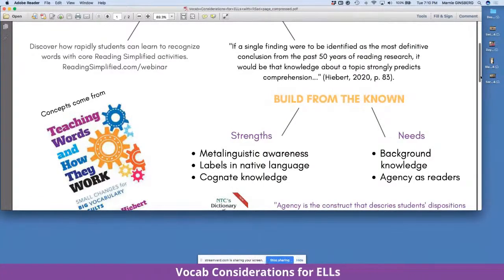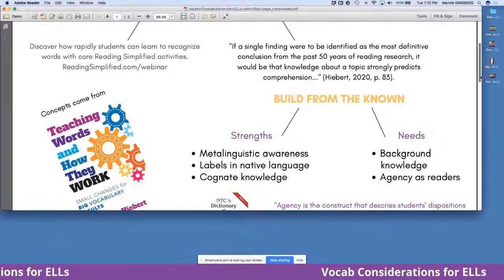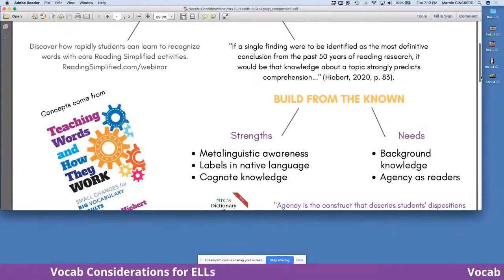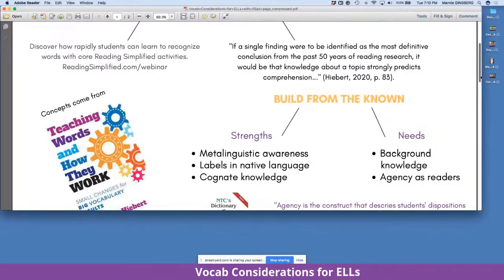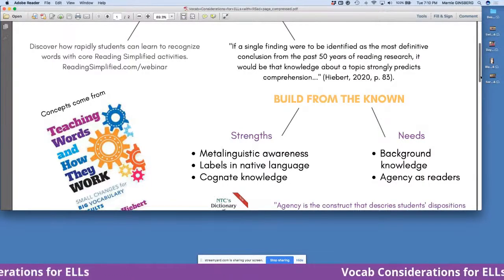So the English language learner already has some assets in general that we need to be aware of. Did you know that the typical English language learner may have metalinguistic awareness skills that surpass the native English speaker? And what do I mean by that? Metalinguistic, meaning meta or above the language level.